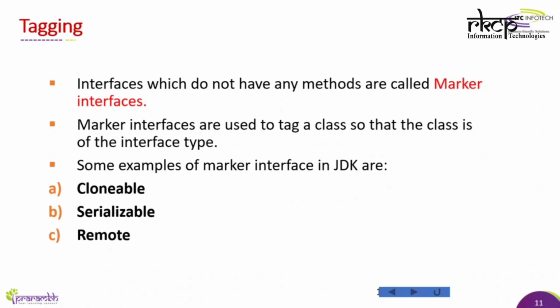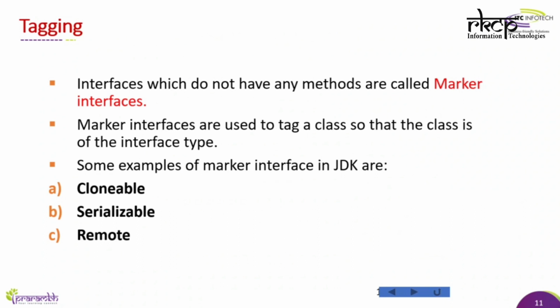Accessing an external resource is not in the range of your Java, so for handling those you have to mark to your JVM. You have to tag to your JVM, I want to do this. And based on the internal methods the JVM has, the JVM will do it. For that purpose we use marker interfaces.